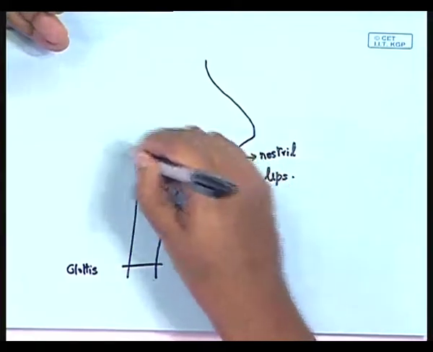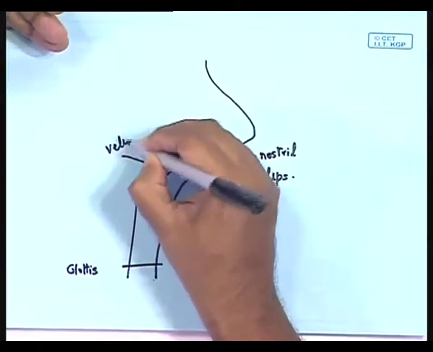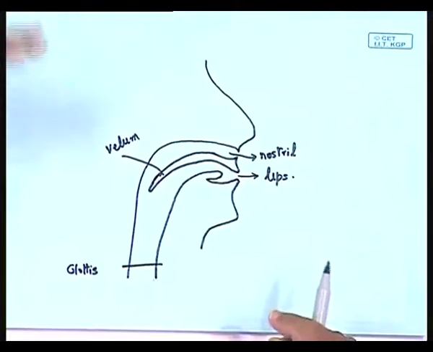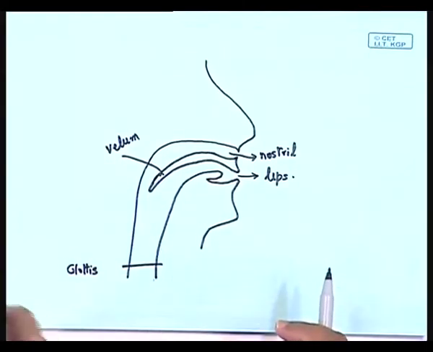And here we have what is called the velum, which is basically an articulatory organ which we can move up or down in order to constrict the flow of the air.